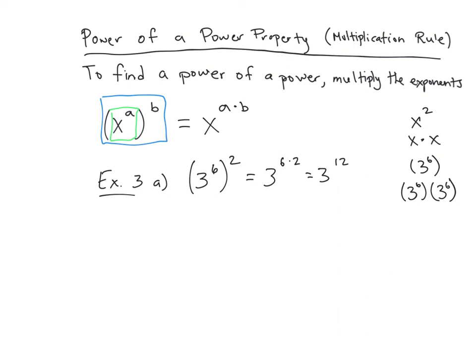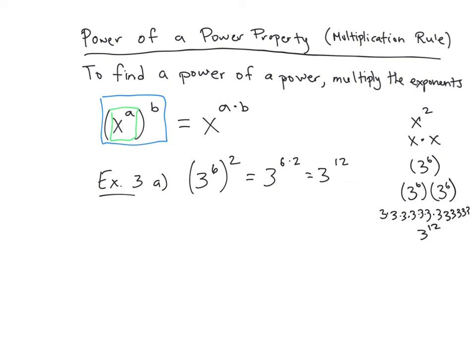And that actually becomes an addition rule where I could do 6 plus 6 for 12, so 3 to the 12. And the reason why that works is 3 to the 6 is 3 times itself, 6 times, then 3 to the 6 again, so 6 more 3's, right? And then in total we'd have 12 3's all multiplied together for 3 to the 12, right? And I think it's helpful to just go back to that string of numbers written out, and prove it to yourself if you forget the rule.